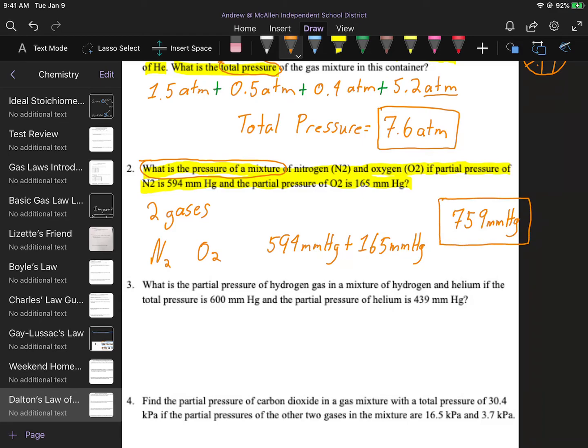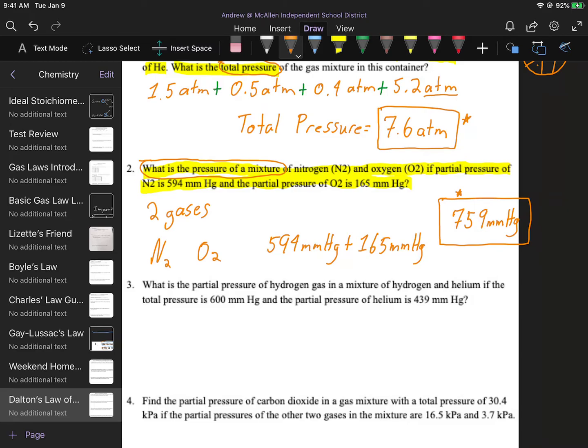Now, a little common sense thing. If you're solving for a total pressure, it needs to be higher than any of your individual numbers. So 759 right here is higher than 165 and higher than 594. It's a pretty reasonable answer. Going back to the first problem, our total was 7.6 atm.